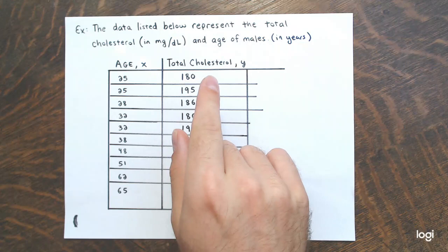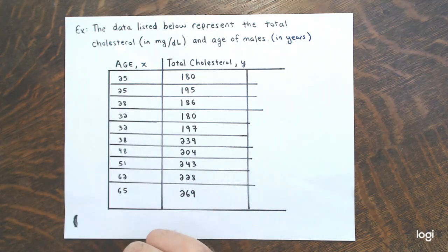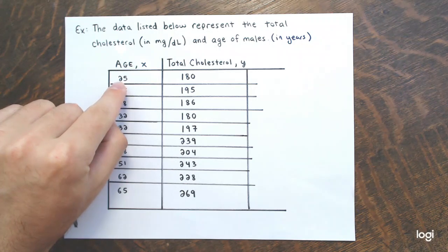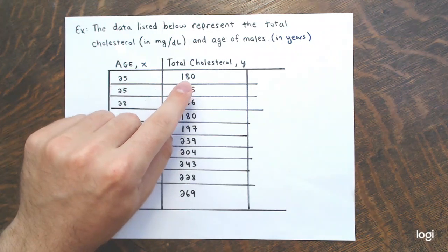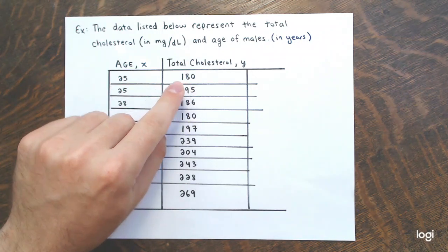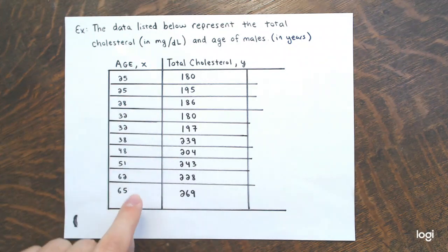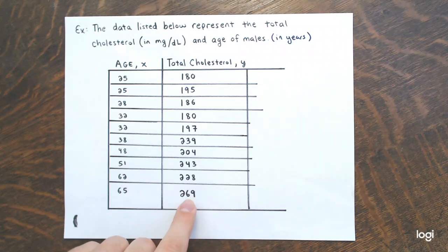So each row represents one person, one male. There's a 25-year-old male in this sample that had a total cholesterol of 100 milligrams per deciliter, and so on, down to a 65-year-old male in this sample whose total cholesterol was 269 milligrams per deciliter.